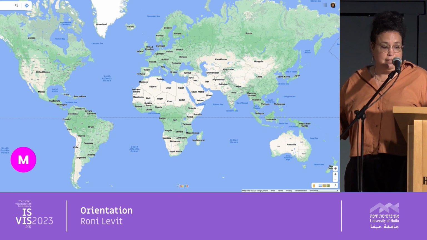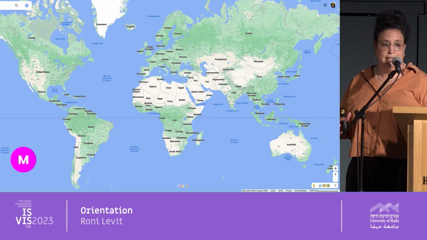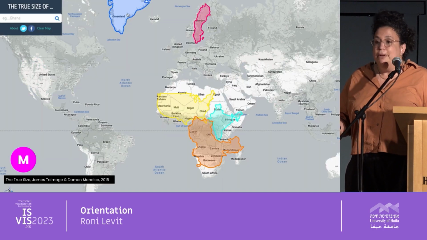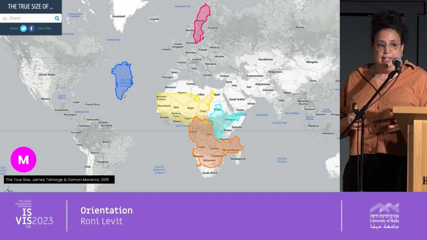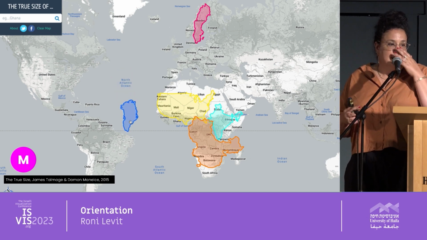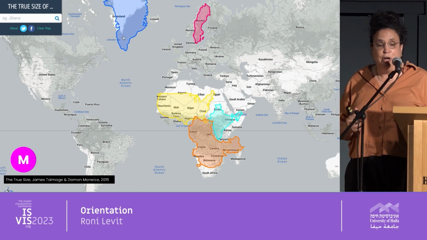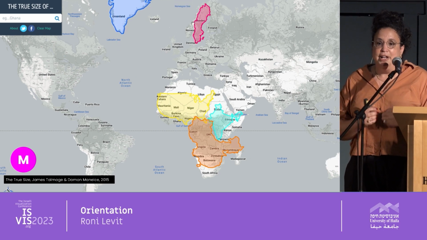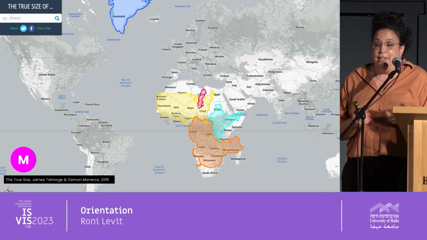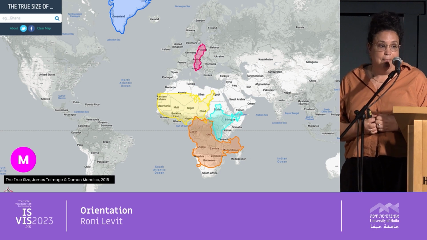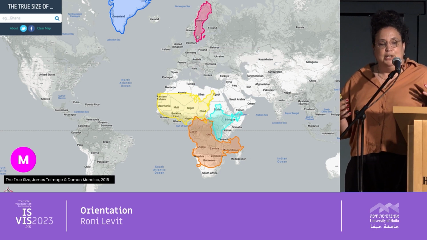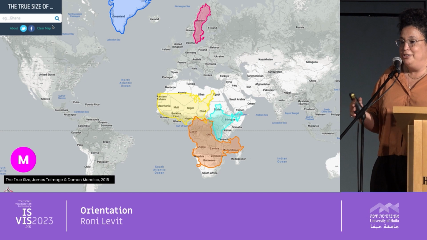So this is how we most perceive the world, this shape. The problem with the Mercator projection is that the distortion that it has makes all the countries that are on top and at the bottom, like near the poles, very, very big. And all the countries that are in the middle, especially Africa, really, really small. So we don't really know the true size of Africa. No one knows.